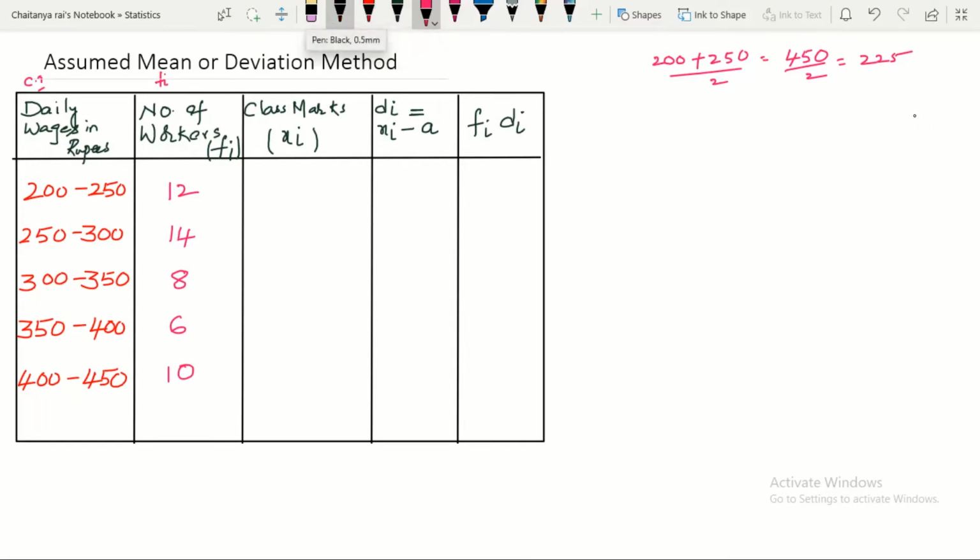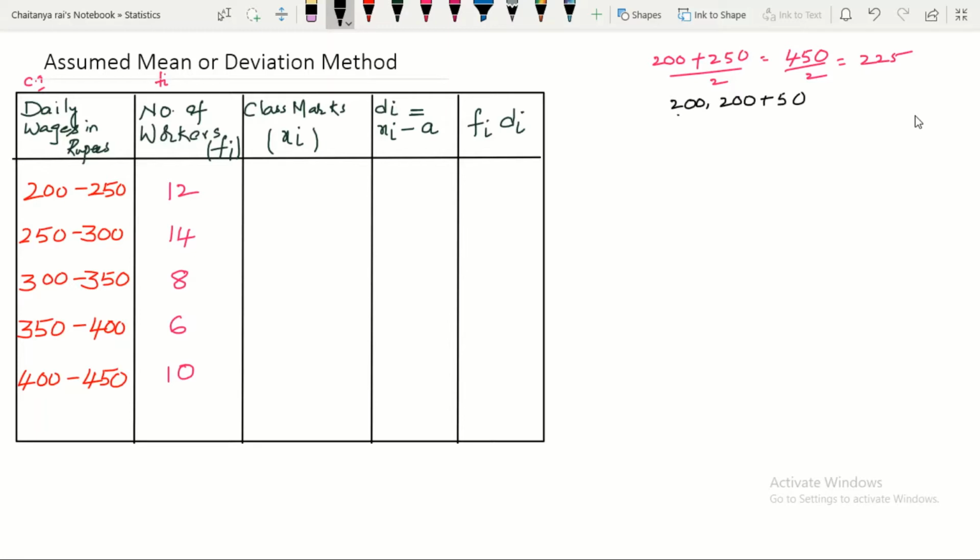We can even consider it like this. The lower boundary of the first class is 200, and the upper boundary is 250. What I am doing here is just writing 250 as 200 plus 50.